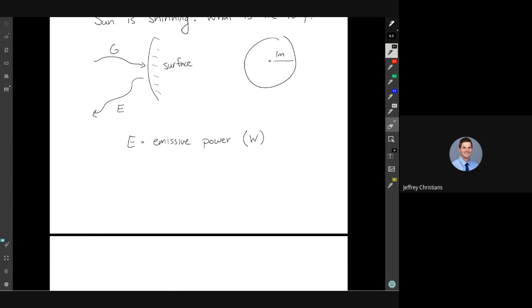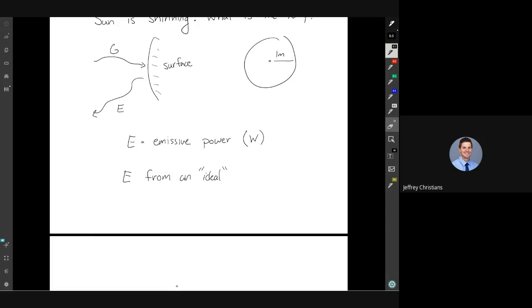So if you look at what we call an ideal radiator, if you haven't seen radiation before, some of the terminology is going to be maybe a little weird.